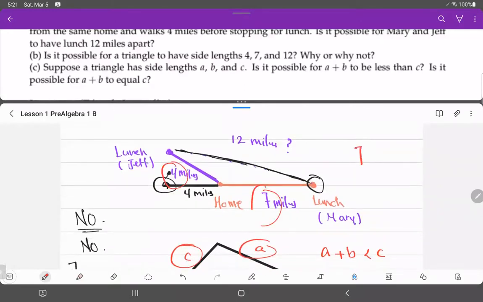You add them, you get 11. So 12 is greater than this, so it cannot happen.